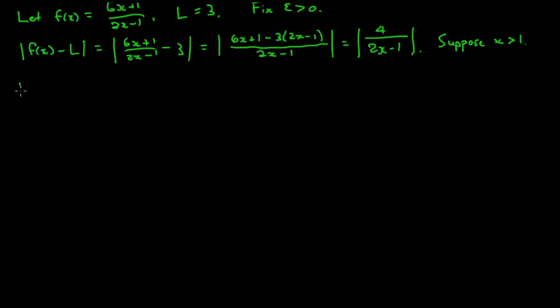So let's do that. We'll say then |f(x) - L| is equal to just 4 over 2x minus 1.